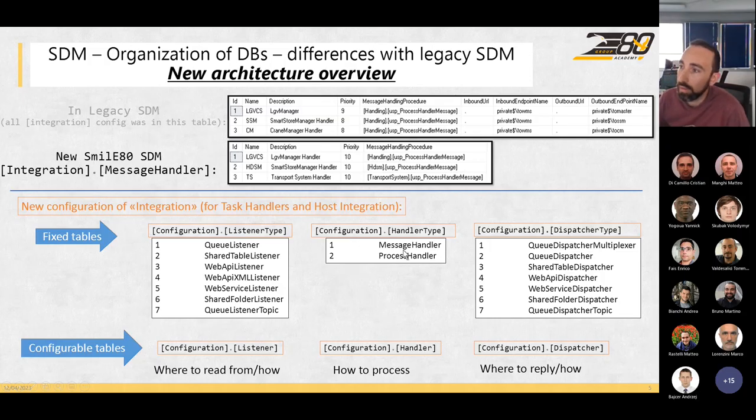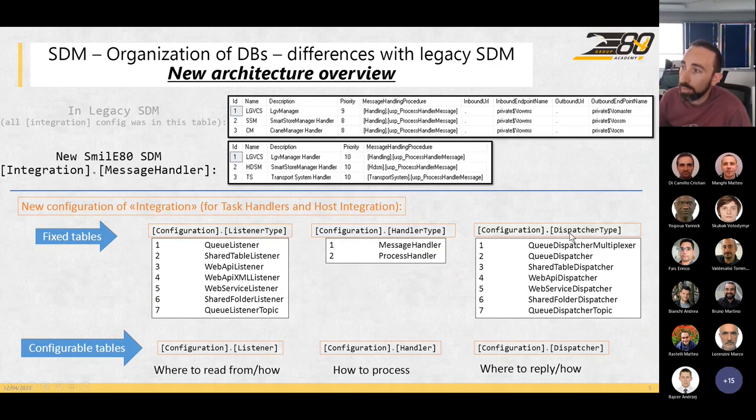The handler types are, for example, message handlers and process handlers. So message handlers are basically a stored procedure that manages a handler, while a process handler is a process in C# that is typically a customized process and class in the C# application.